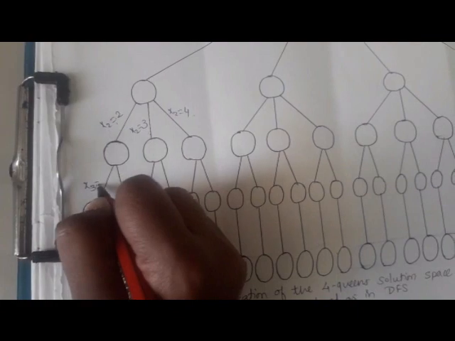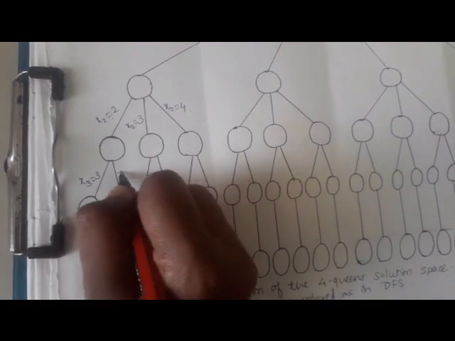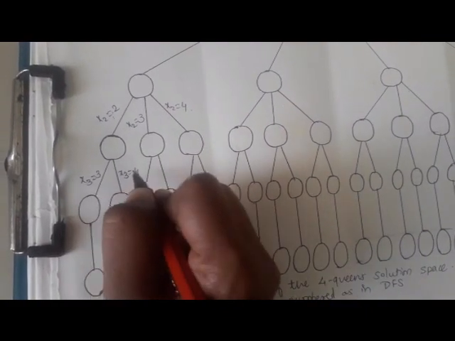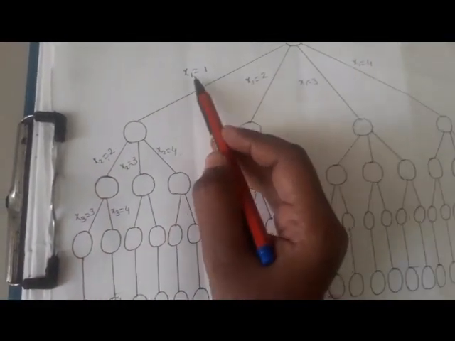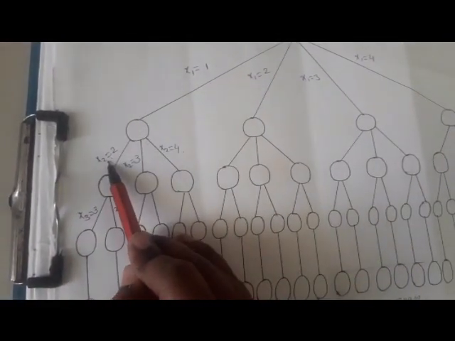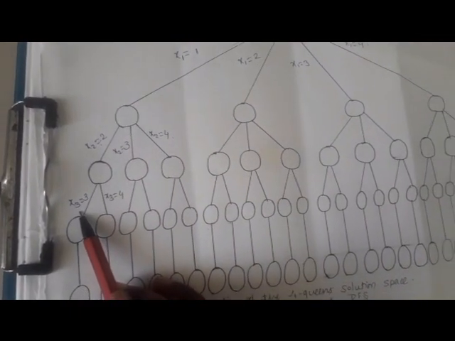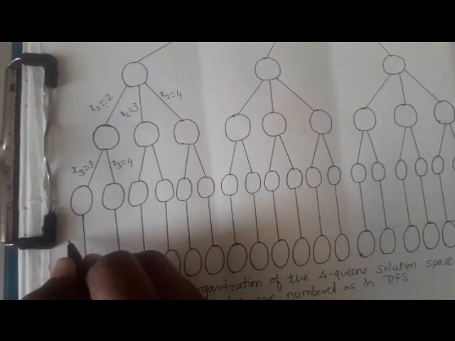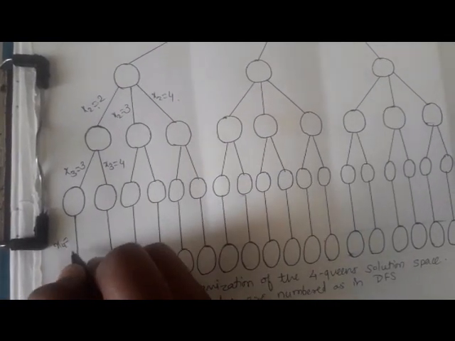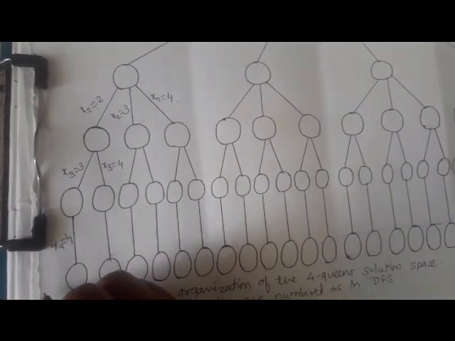Therefore here we write x3 is equal to 3 and x3 is equal to 4. Now take only one path: x1 is equal to 1, x2 is equal to 2, x3 is equal to 3, only one is remaining, that is x4 is equal to 4. So this edge shows x4 is equal to 4.